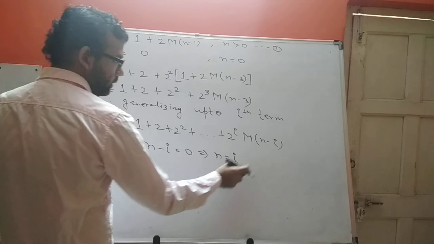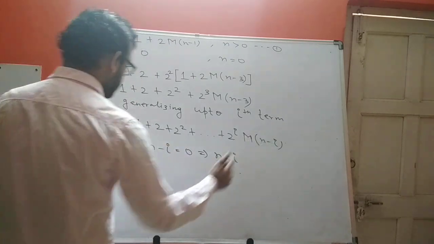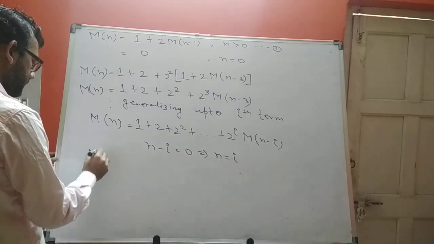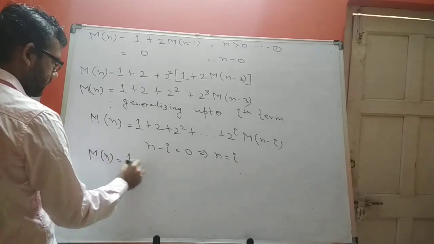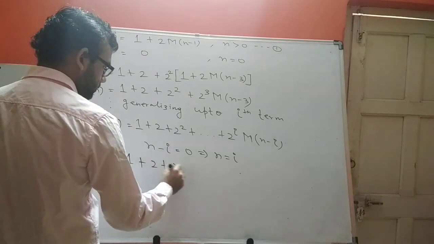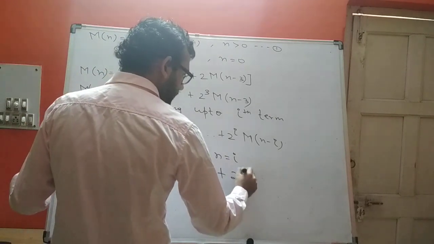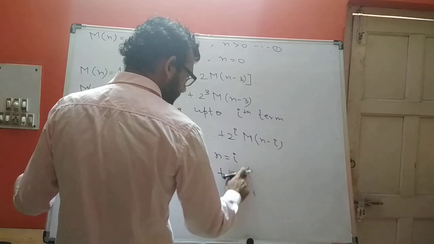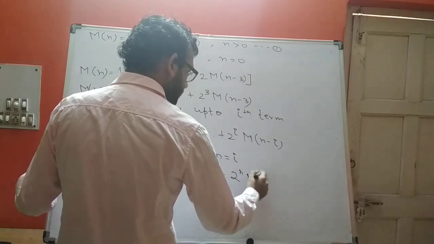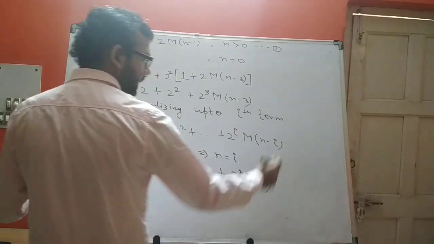Now, if I substitute in place of i the value of n, what will I get? I'll get m of n is equal to 1 plus 2 plus 2 square, and so on till 2 to the power of n into m of 0, because n minus n is 0.